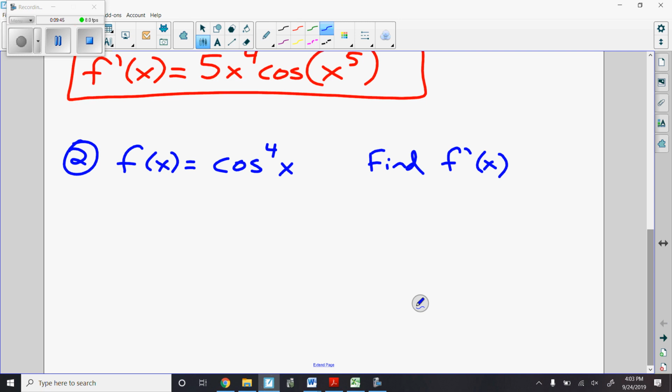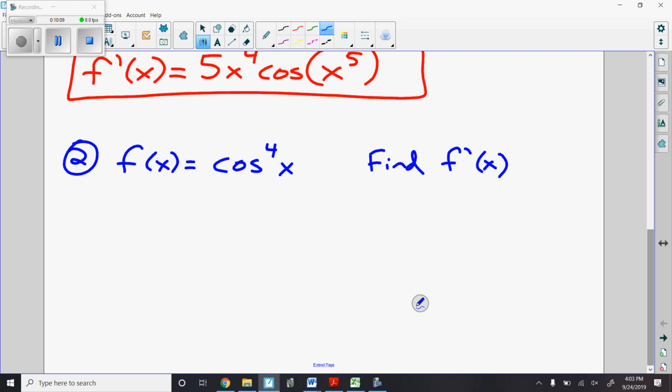So when I take a look at this function, again, we might not recognize it as a composition yet, or we might think of it like, oh, cosine x to the fourth. But remember what this cosine to the fourth x means. Anytime we see this written, before we get really used to this, I want you to rewrite f of x here as the quantity cosine x to the fourth.